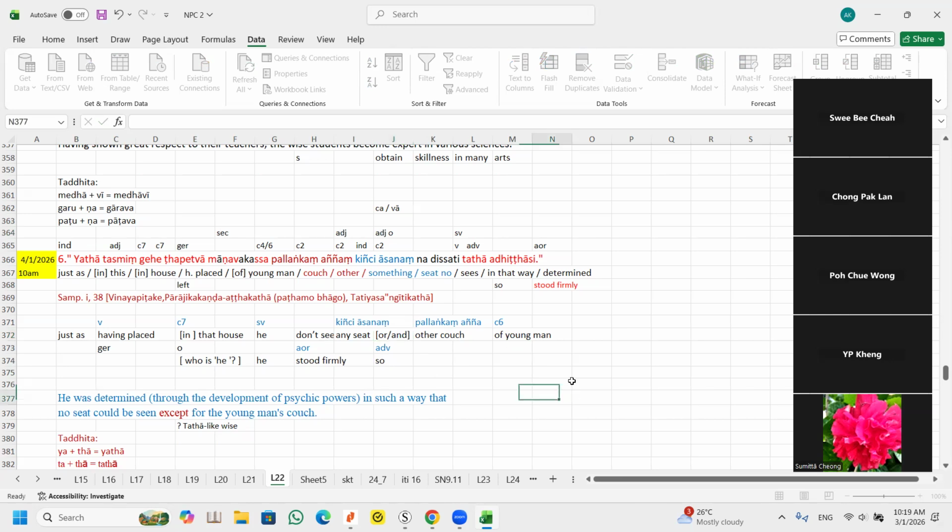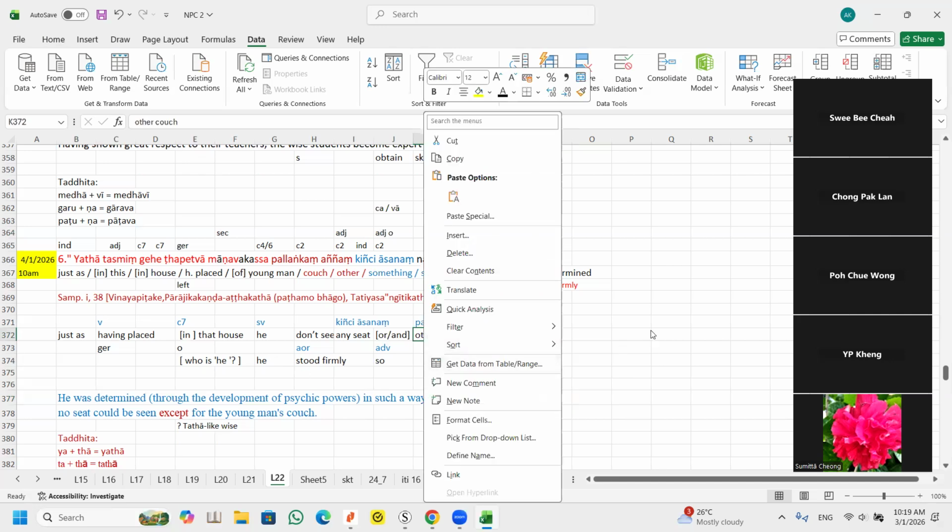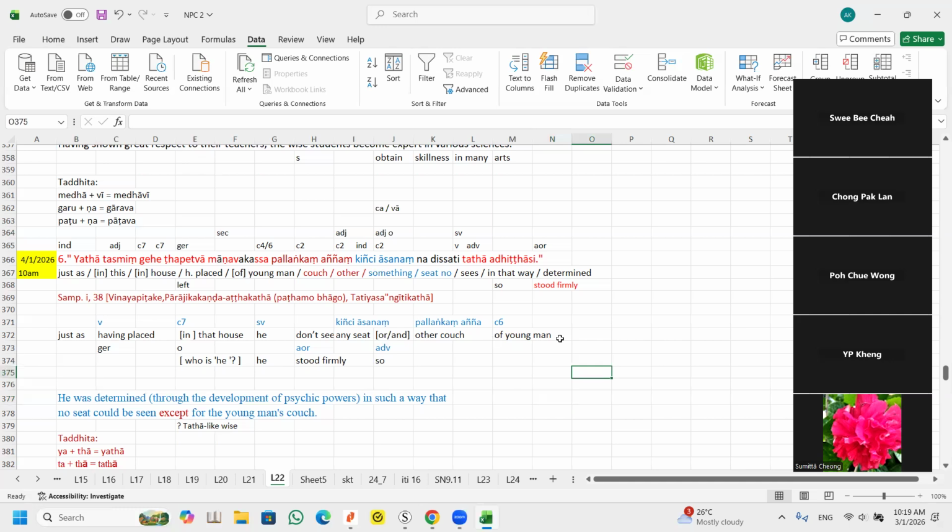That means he did not see any seat or couch. And then this is an extension of this. That means of. So in this case, it's of the young man. This is an extension. You can see the extension in front. All right. So in this case, this one has no problem. This up to here is an extension as well.